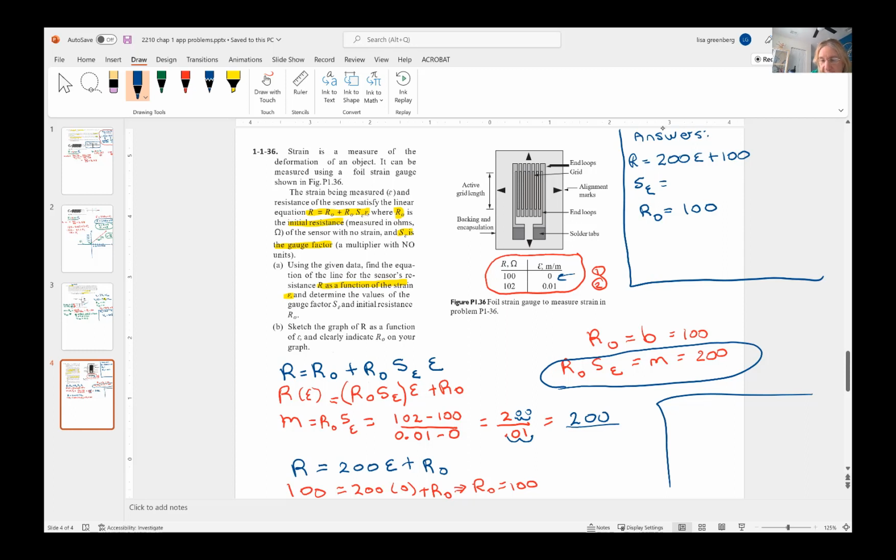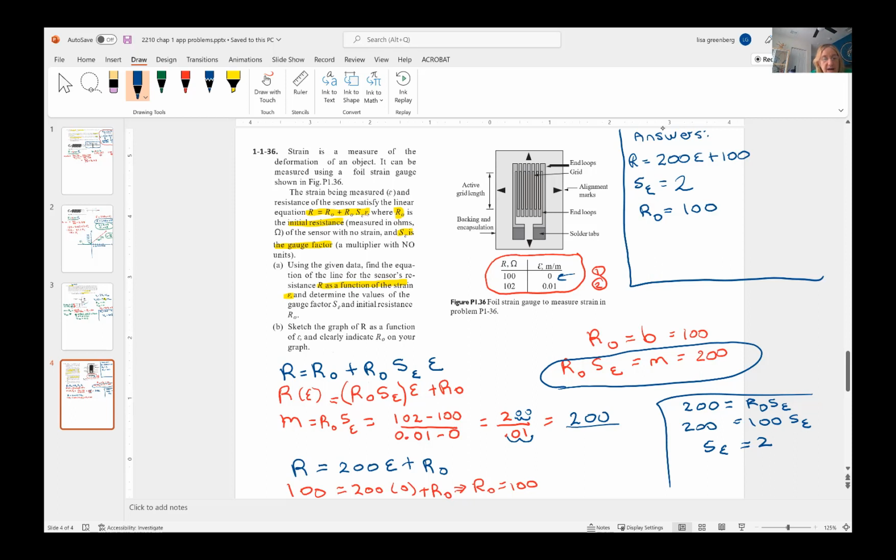So if I know that 200 is equal to R sub 0 times S sub epsilon, and R sub 0 is equal to 100, then we can see that S sub epsilon is equal to 2. And that answers everything in part A.